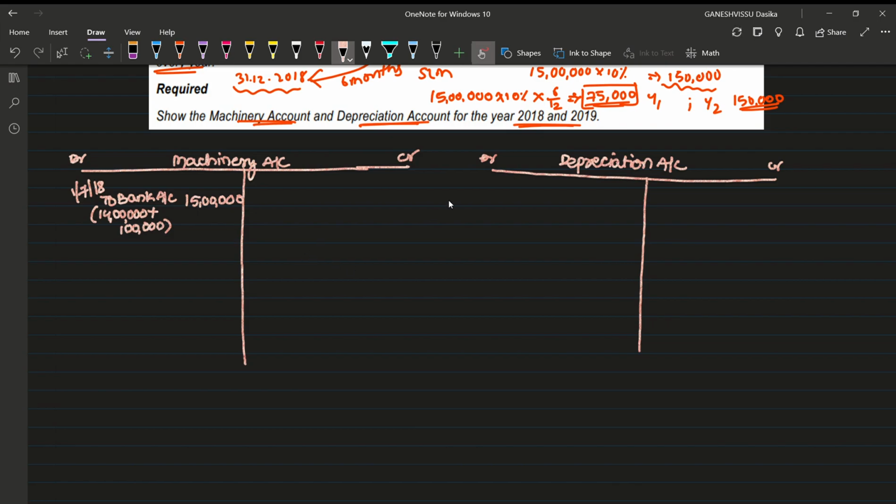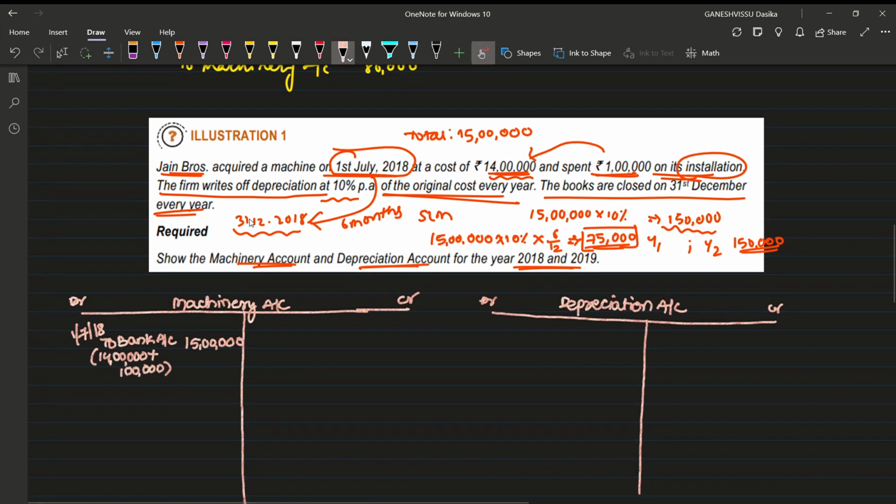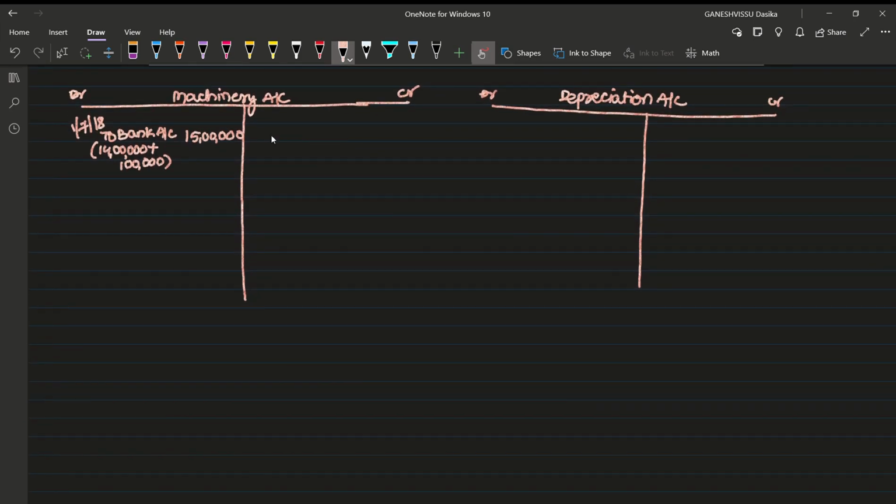So the depreciation entry will not be made now itself. It has to be used up to 31st December 2018. So at the end of the year, on 31st December 2018, the amount of depreciation is 75,000. Depreciation is expenditure, so it is to be debited. Debit all expenses and losses according to the nominal rule. So depreciation account debit to machinery account.